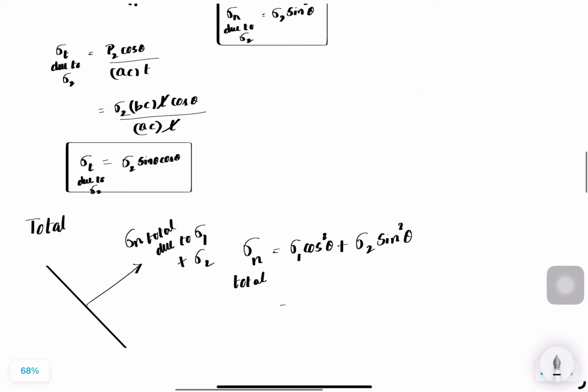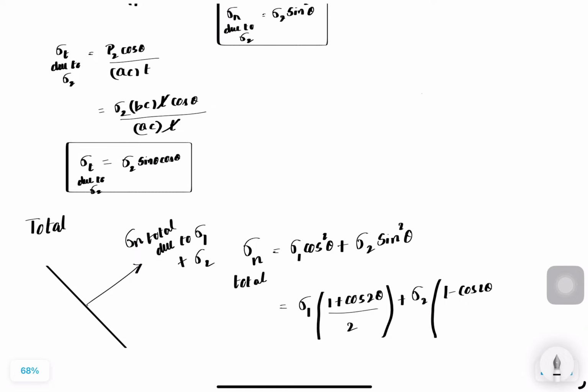So that's what I'm going to do in the next step. Sigma 1 cos square theta can be written as 1 plus cos 2 theta divided by 2. And similarly, sine square theta can be written as 1 minus cos 2 theta divided by 2.